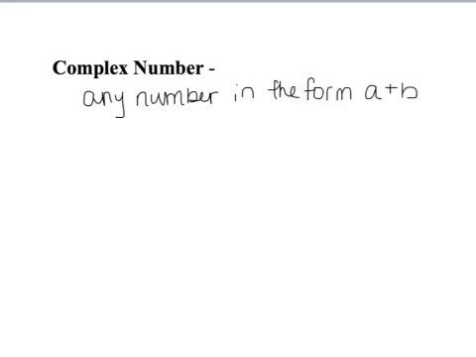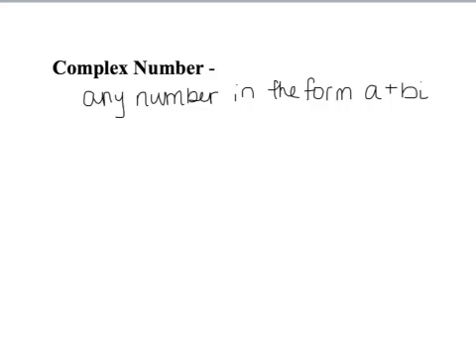So we started this lesson talking about what an imaginary number is, and now we're going to continue it talking about what a complex number is. A complex number is any number in the form a plus bi.